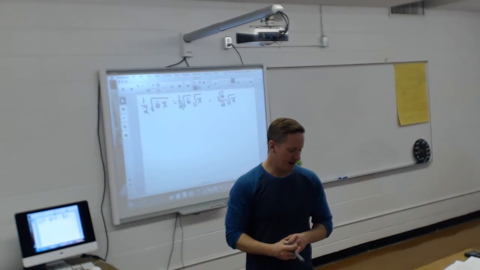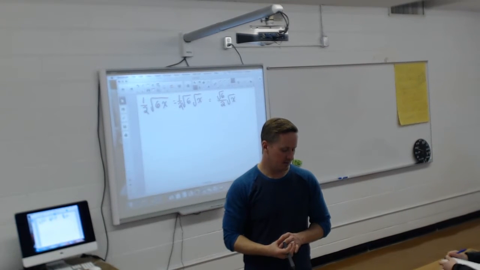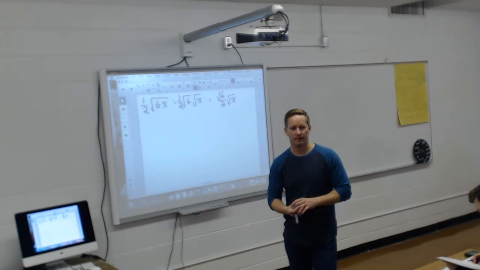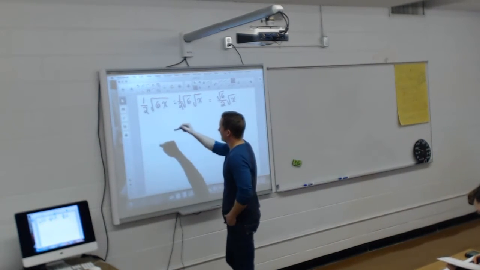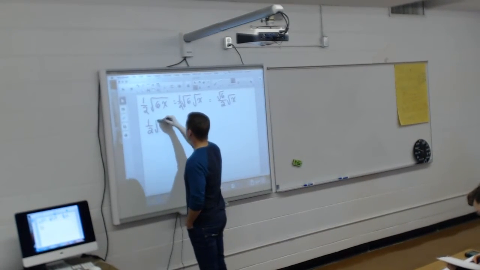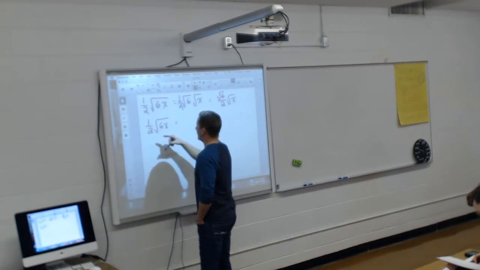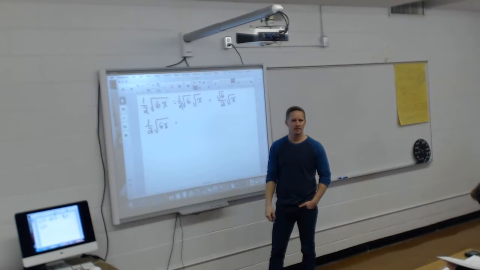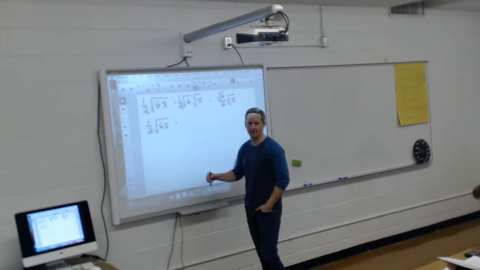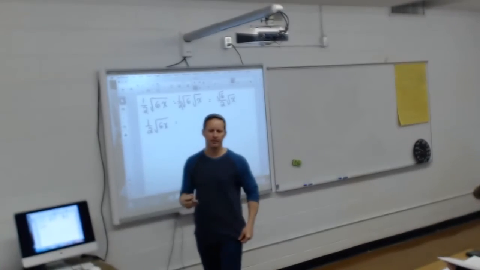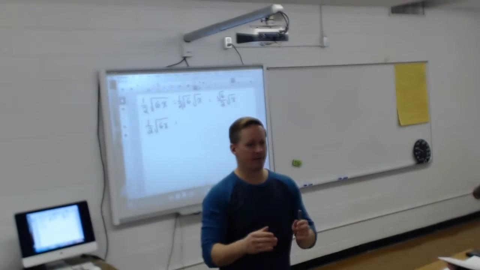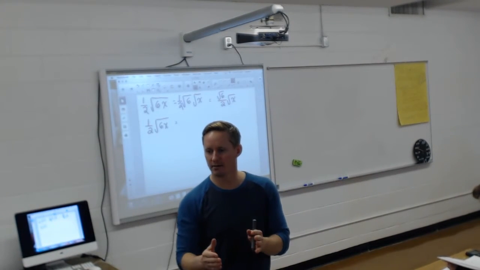Now the next part is a little harder, because now I need that to become a square root without changing the value. I don't know if you remember this from last year. If I want to make it a square root, I have to make it a square root and square it.